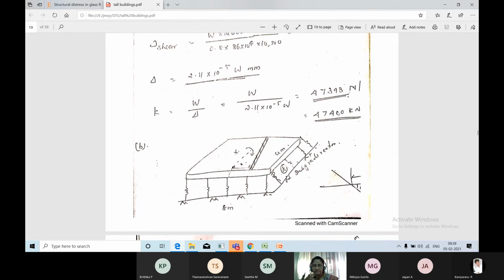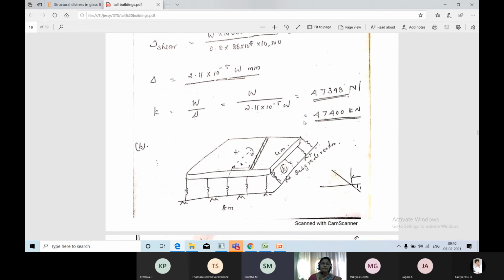But sometimes we may allow some deflection so that the structure remains safe without a complete collapse. So both cases are possible. The structure should be flexible enough and rigid enough to take the load as well as the deflection. Is it clear? Understood?